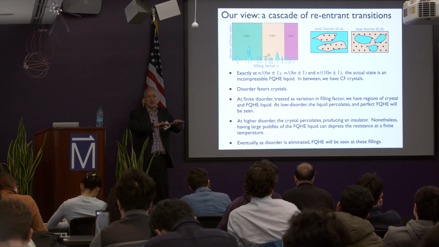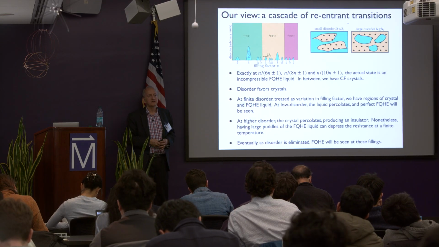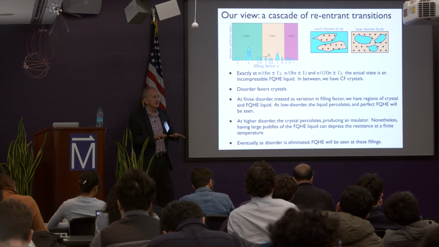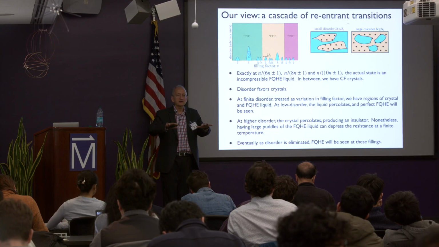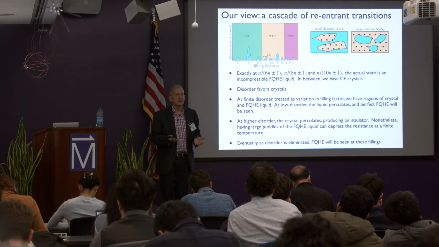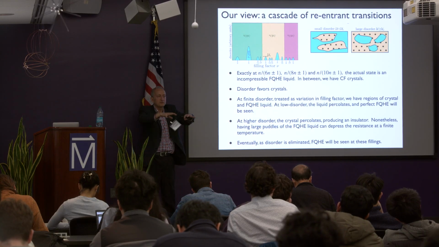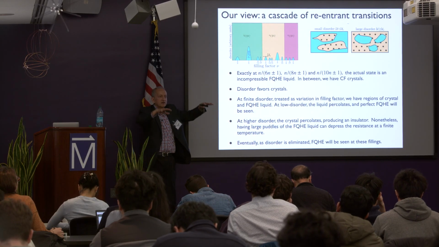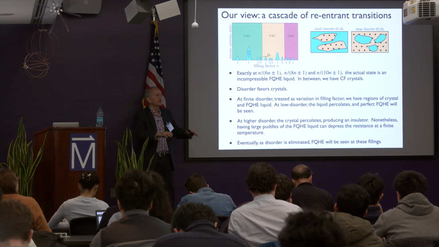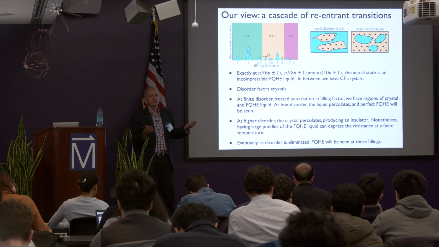If the fractional Hall state percolates, then in principle I'll see the fractional quantum Hall effect. But at some point, it's the crystal that percolates, and then it becomes insulating. Nonetheless, this is a crystal with big puddles of fractional Hall effect, and they would depress the resistance when we go to finite temperature.